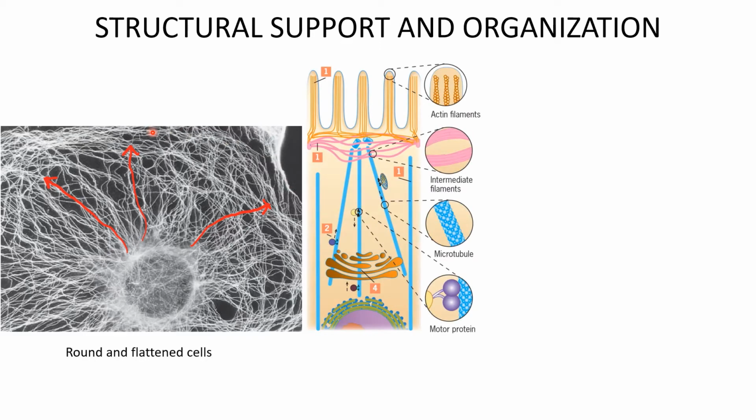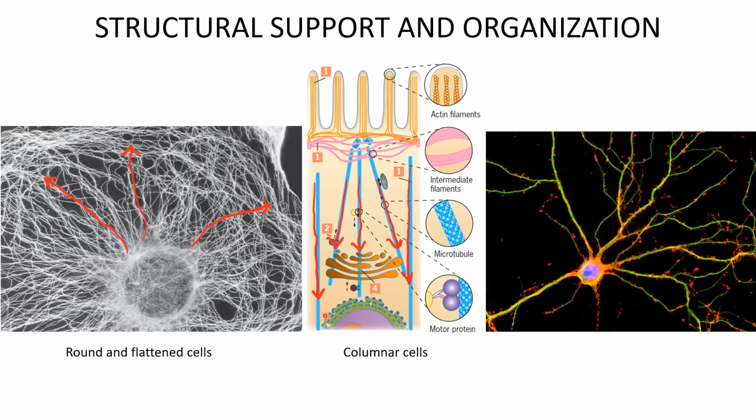In columnar epithelial cells, the orientation is from the top of the cell going downwards towards the nucleus. In cells with projections like neurons, the orientation of the microtubules is from the cell body along the axon or the projection going away from the cell body.